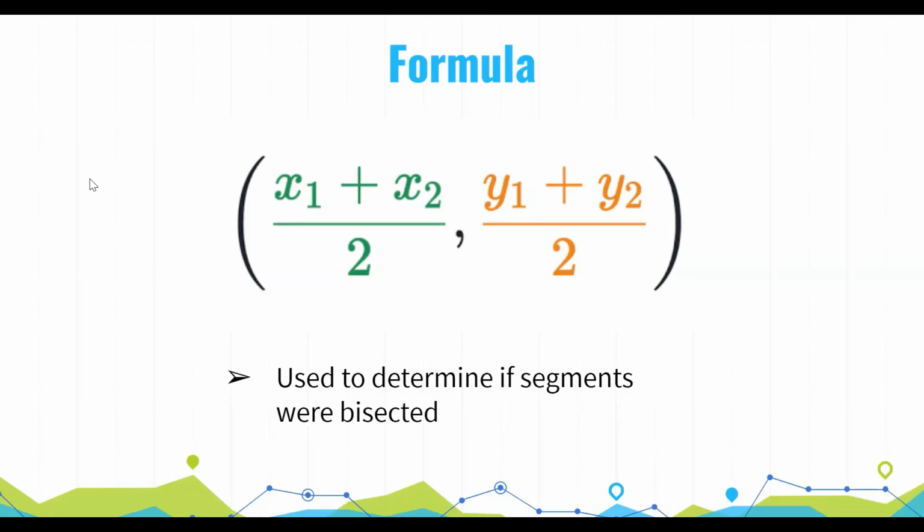For two ends you would plug them in. Like what Jai wrote on the screen, that's the coordinate of a point, so you would plug that into the formula to get the midpoint of that line segment. So that's an example of how you would plug it in. Okay, I get it now.